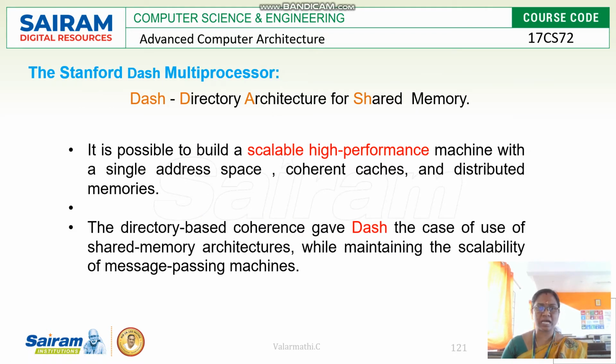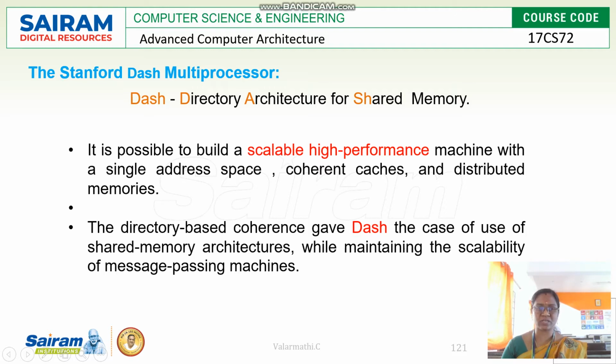The first one is the Stanford Dash multiprocessor. Dash is the acronym for Directory Architecture for Shared Memory. What is new in the Stanford Dash multiprocessor is that it is possible to build scalable high performance machines with a single address space and coherent caches over distributed memories.